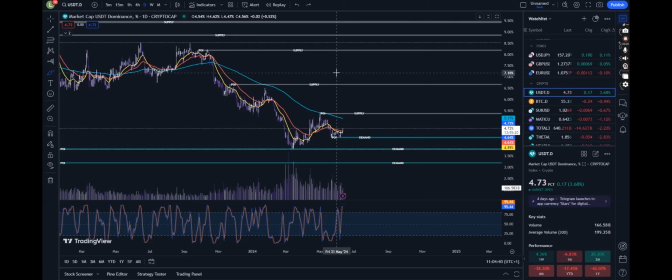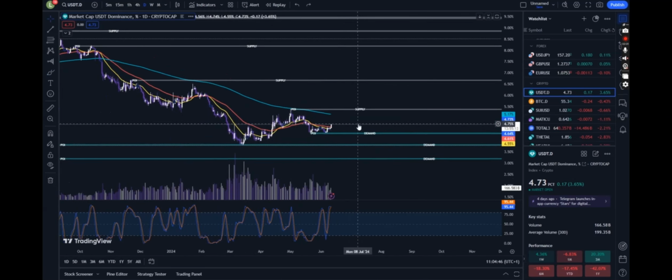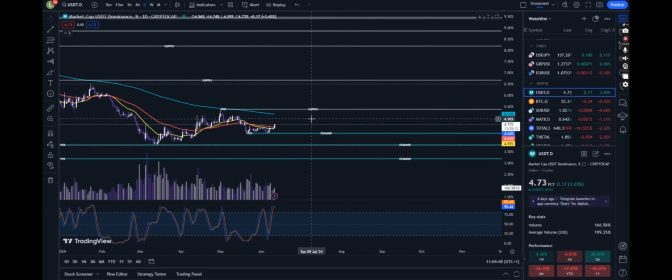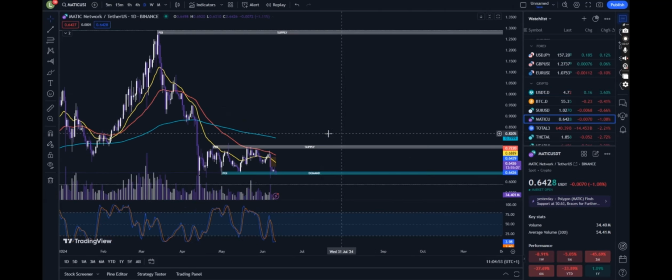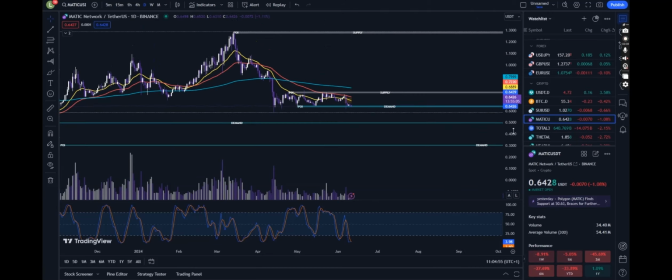And I was saying in one of my other videos before, the buy zones for certain coins and stuff like that, we're not in any buy zones at the minute. Still on most coins we're not in any buy zones. Your buy zones were a long time ago on most of these coins.